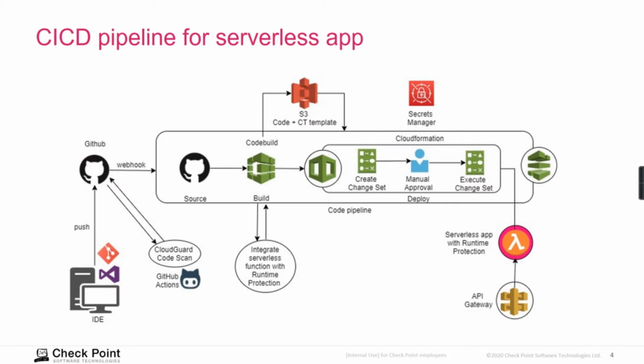And of course, the typical best practice of storing the API keys for CloudGuard Serverless is placed in Secrets Manager, and similarly the respective API keys for CloudGuard Serverless is placed in GitHub Secrets.